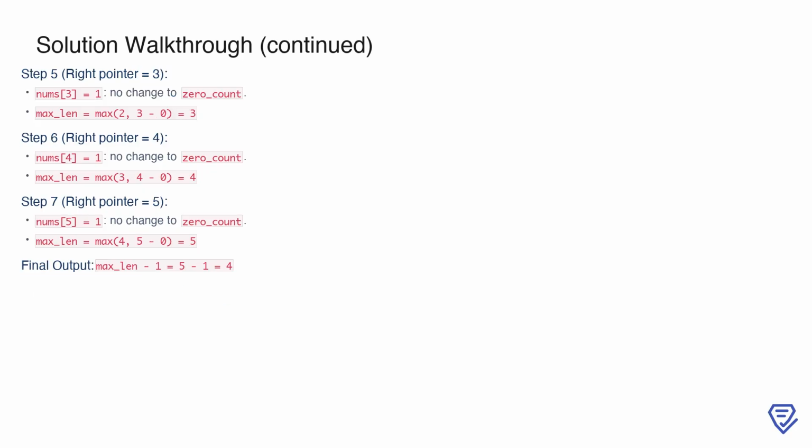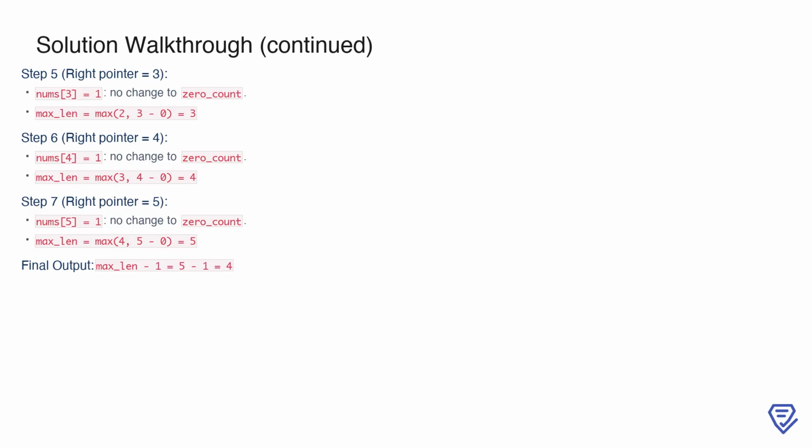Next, the right pointer moves to index 3, where nums[3] is 1. Since this is not a 0, there's no change to zero_count. The subarray length becomes 3 minus 0 equals 3, and max_len updates to 3. At index 4, nums[4] is also 1, so again, zero_count stays the same. The subarray length now is 4 minus 0 equals 4, and max_len increases to 4.